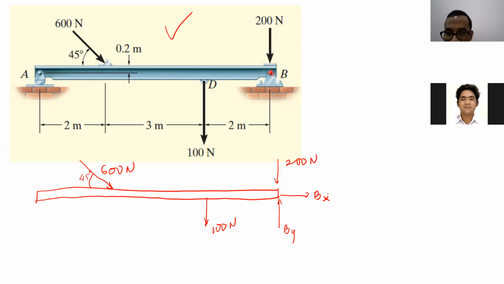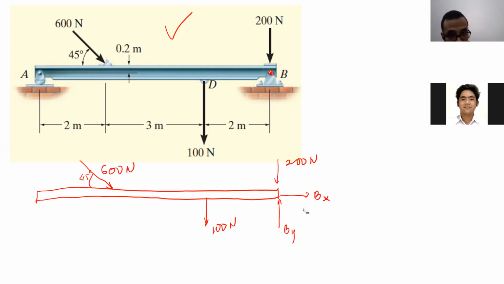Yes. So the pin joint only allows rotational movement. Yes, correct. But it will not allow horizontal movement and vertical movement. That's why we have to draw these too, in order to restrict those movements. Do you get it, Aryoga? Yes, I get it.